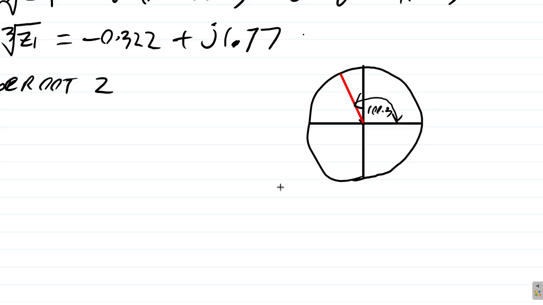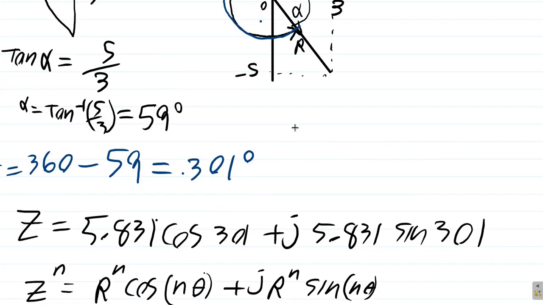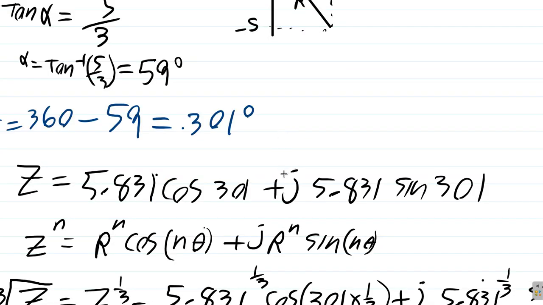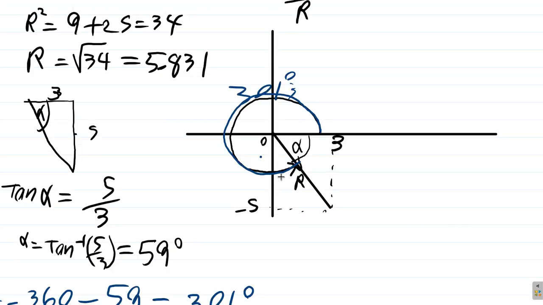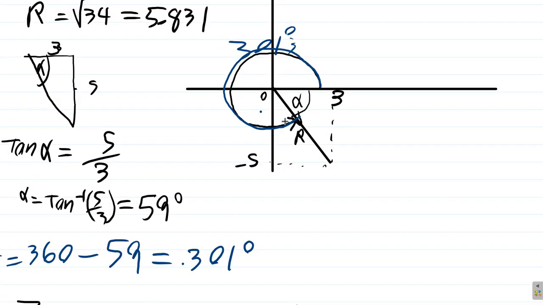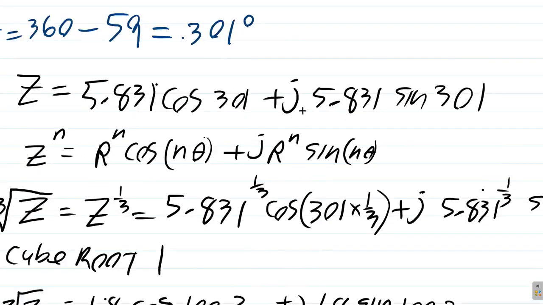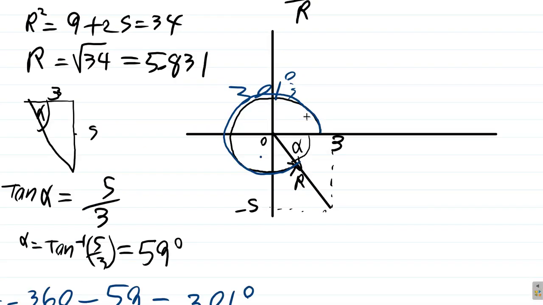Each angle will be separated equally. You had this angle here, you cut it into 3 equal parts, and you have this 301 degrees. You see, the 301 degrees was cut into 3 equal parts, so you get 100.3 degrees here.